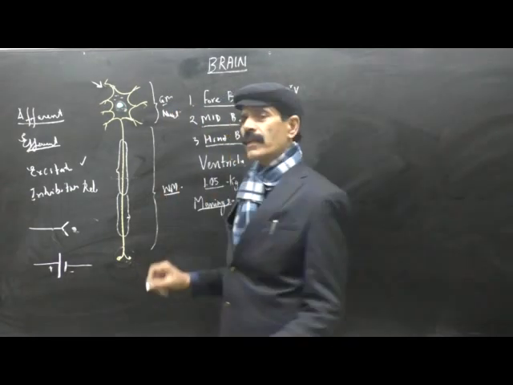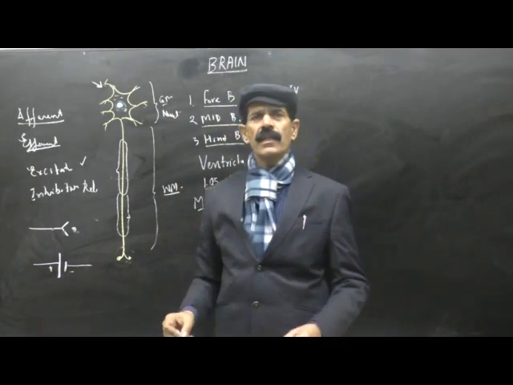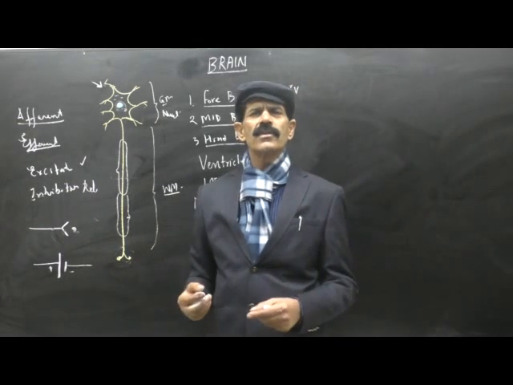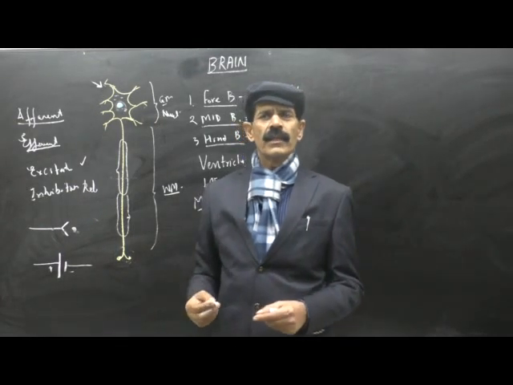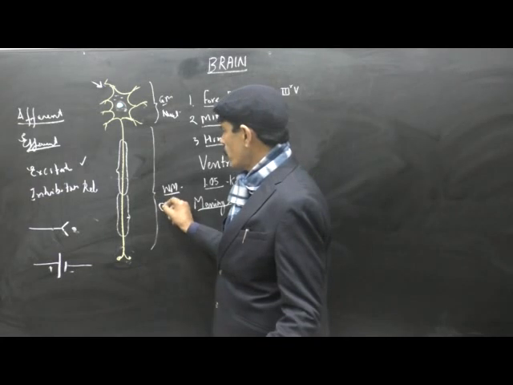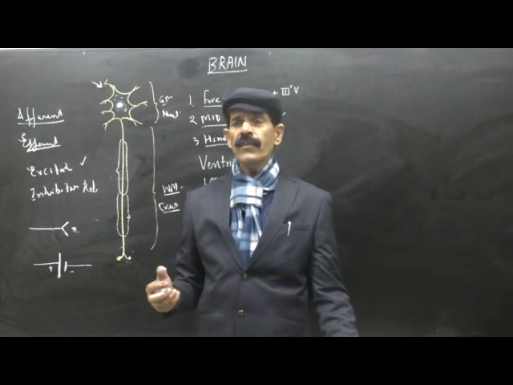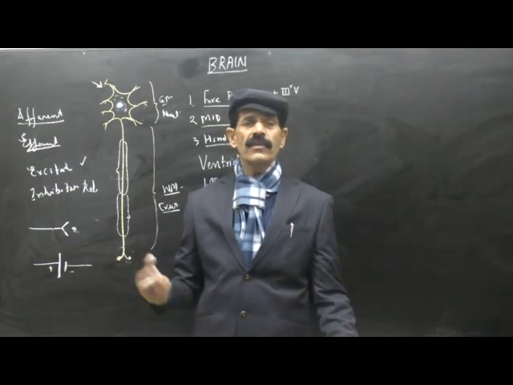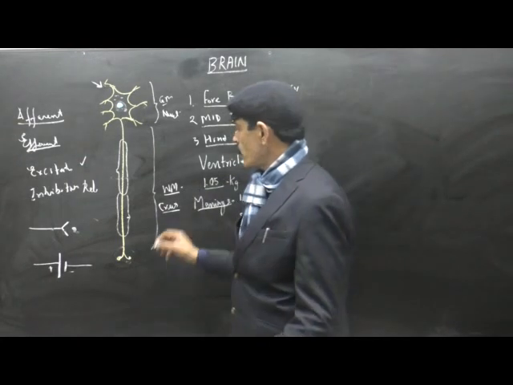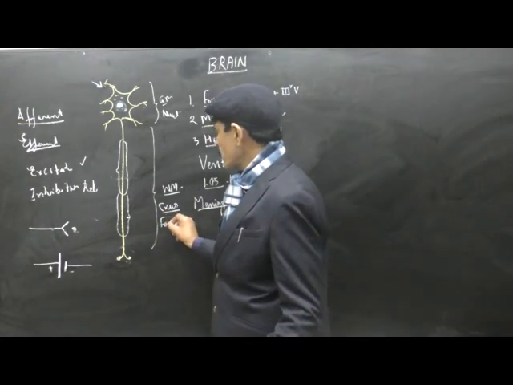And for the white matter, there are certain areas where there are bundles and bundles of axons or nerve fibers. For that, we sometimes use the word crus. Again, crus means a bundle, a bundle of hundreds or thousands of axons. Then somewhere we use the word fasciculus.